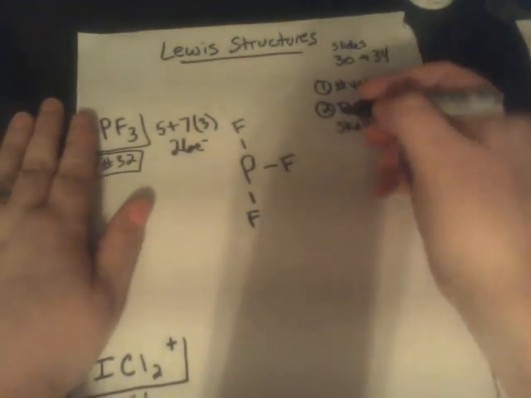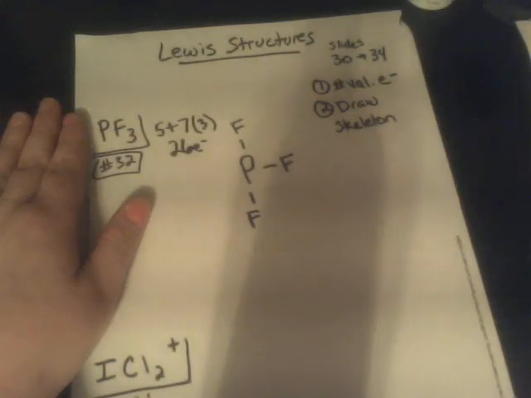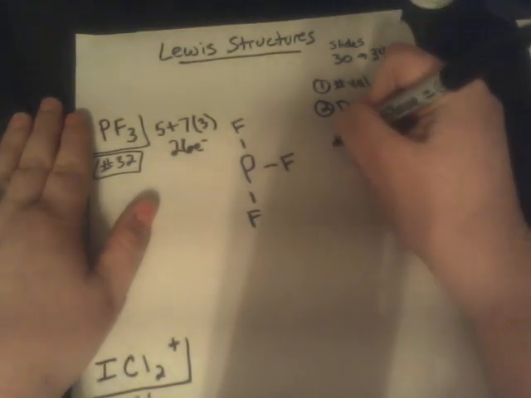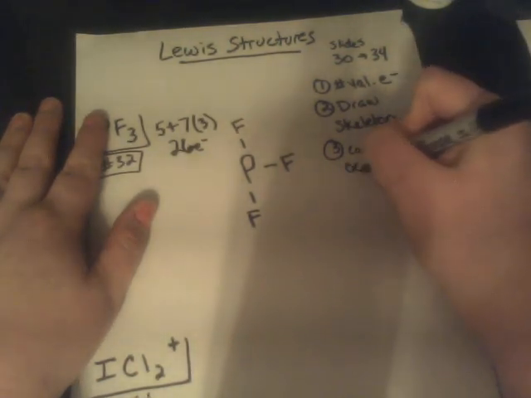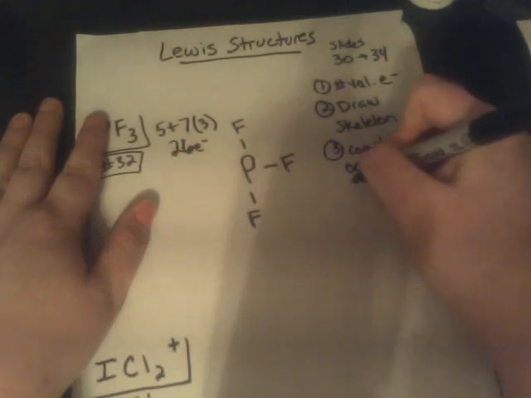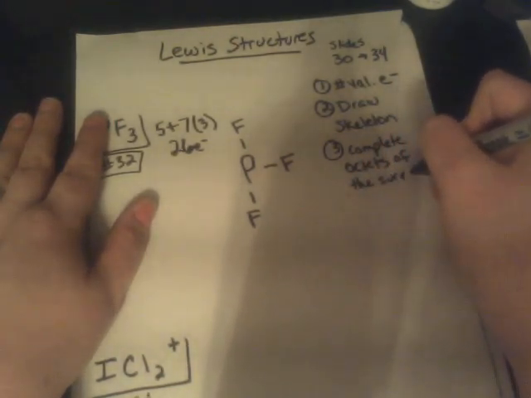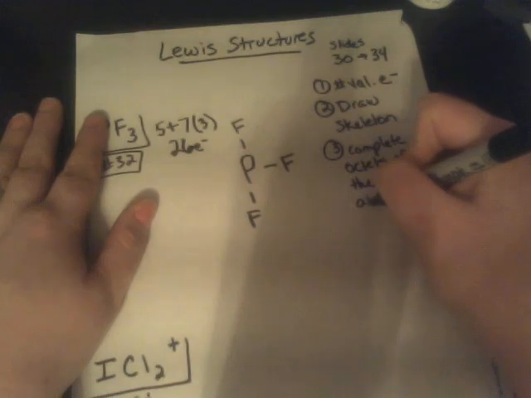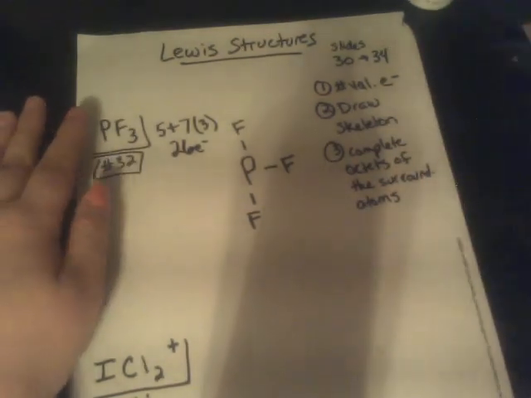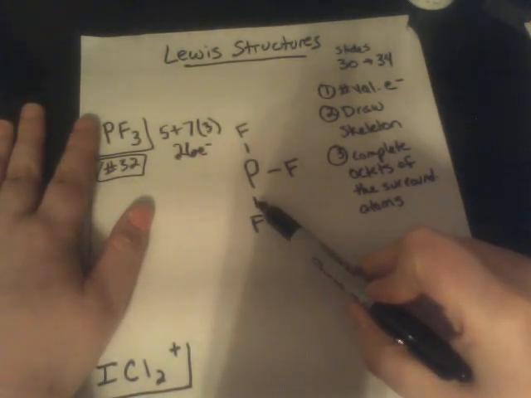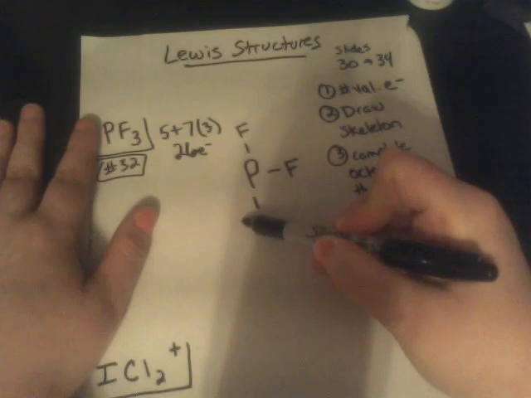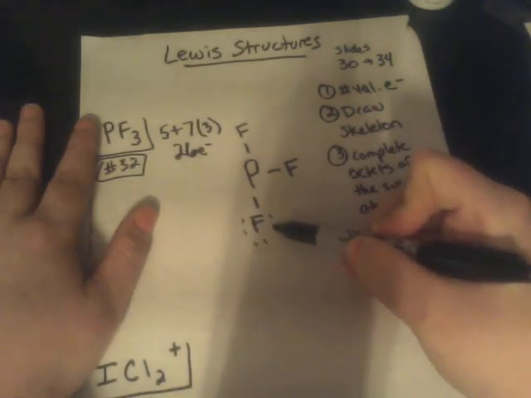So the next step is, how does the slide word it? Complete the octets of all atoms bound to the central atom. So complete the octets of the surrounding atoms, the ones that are non-central. This F already has how many electrons around it? 2. So then I would say 3, 4, 5, 6, 7, 8.